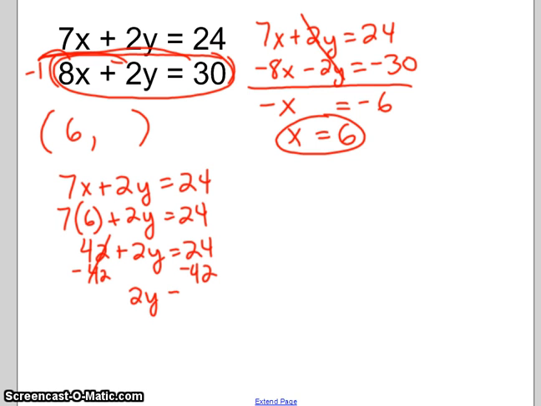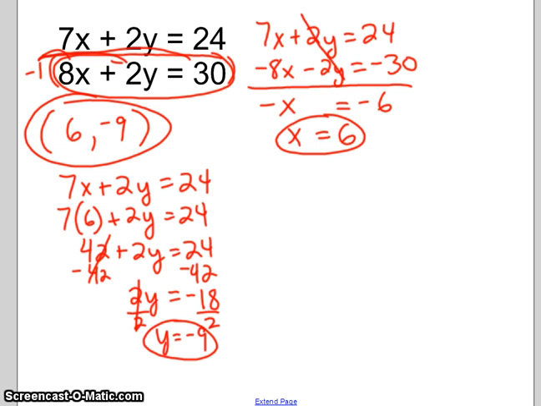So we have 2y on one side and negative 18 over here. 24 minus 42. Divide by 2. Y equals negative 9. Sorry. Alright, so we have our final answer, 6, negative 9.